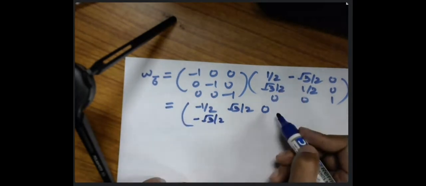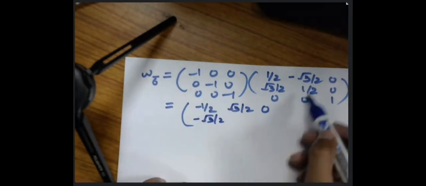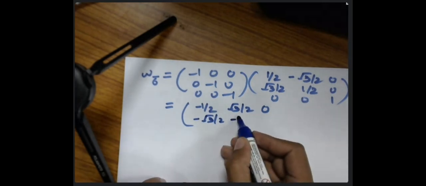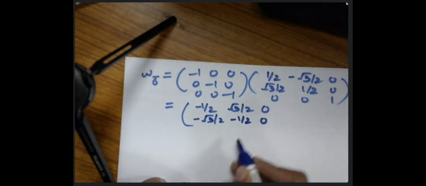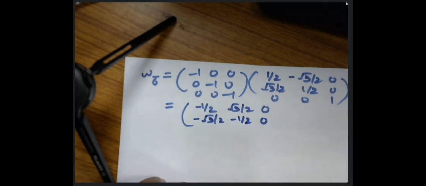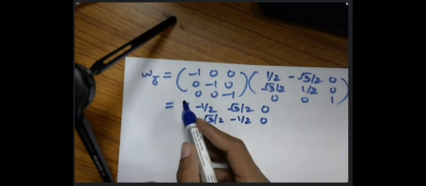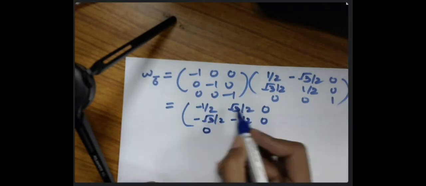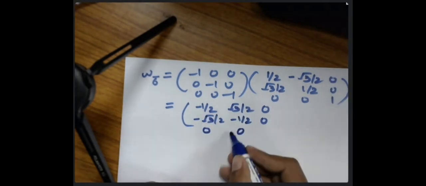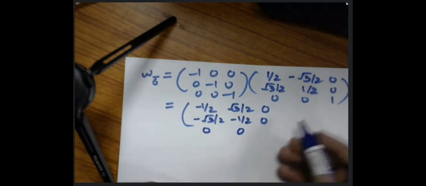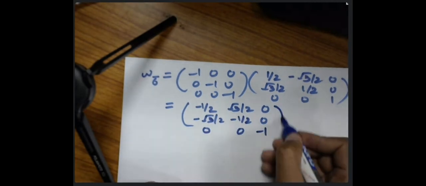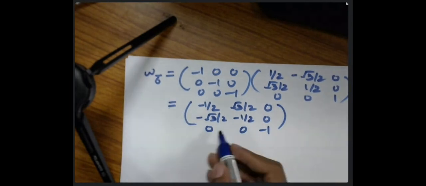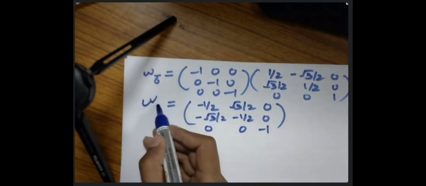Second row second column will get minus of 1 by 2, then 0. Second row third column. Third row first column 0. Third row second column is 0. Third row third column is minus of 1. This is what we have got for the 6.